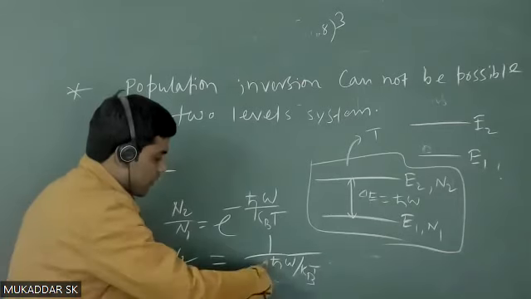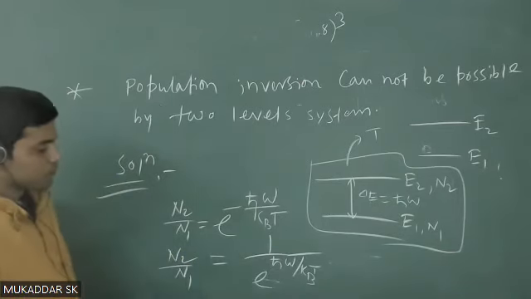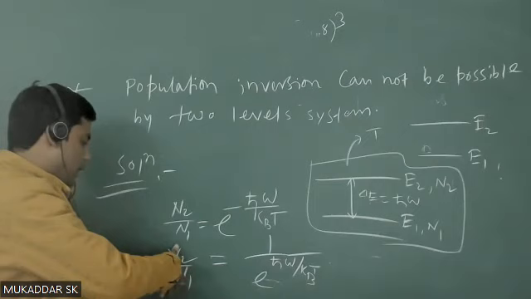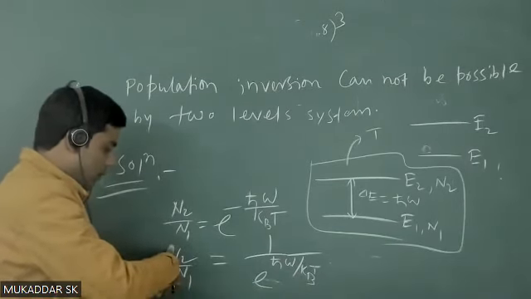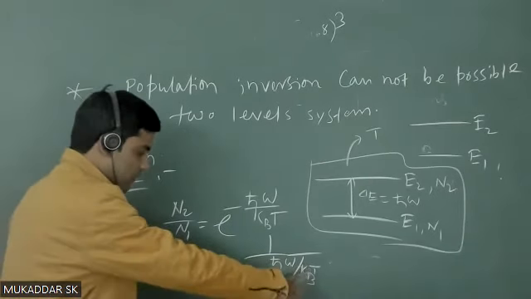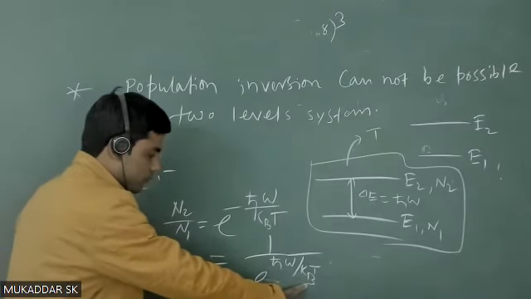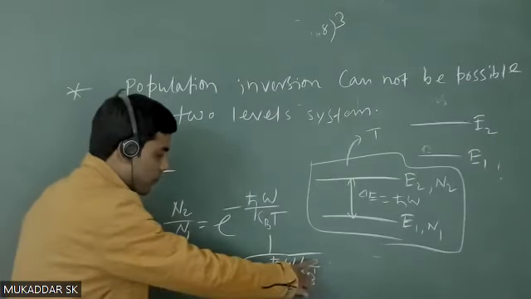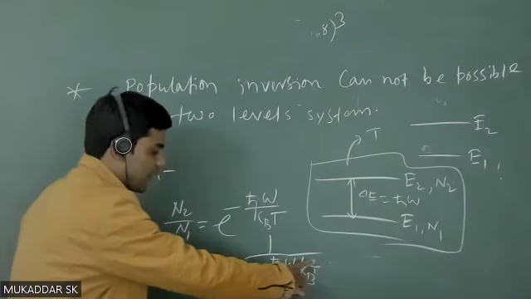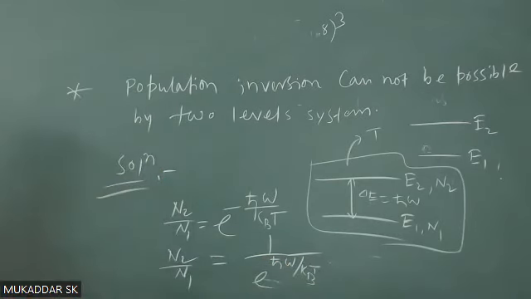So N2 by N1 will be maximum when this denominator will be minimum, and this denominator is minimum when that exponent power is minimum.